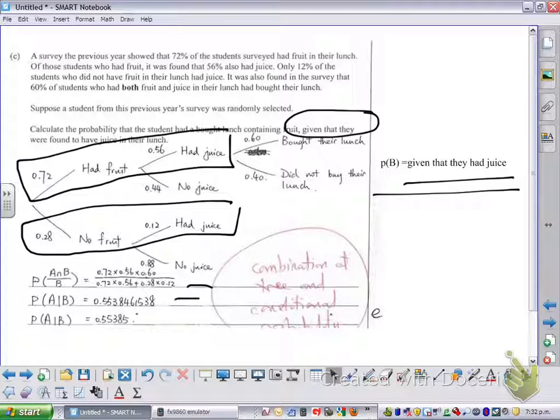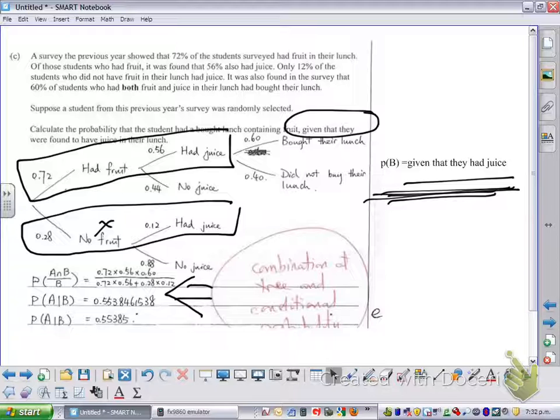So if you take a look at the answer, you simply take 0.72 times 0.56 plus 0.28 times 0.12, and that's going to give you the bottom part, which is the probability given that it had juice, and that's all the probabilities combined that they had juice.